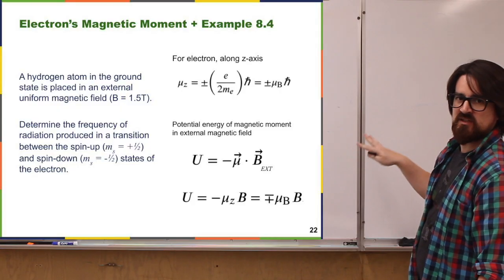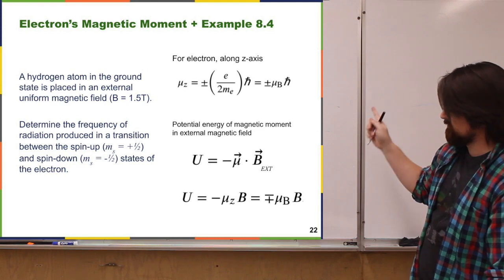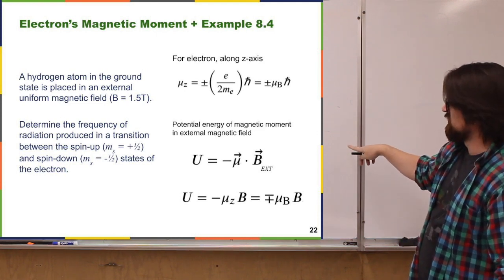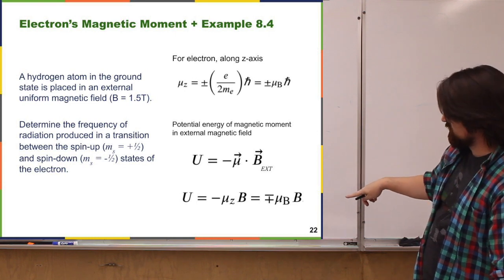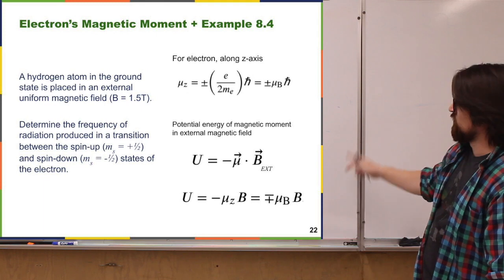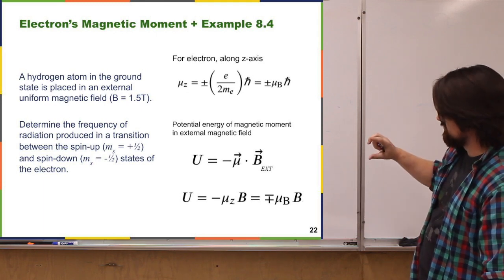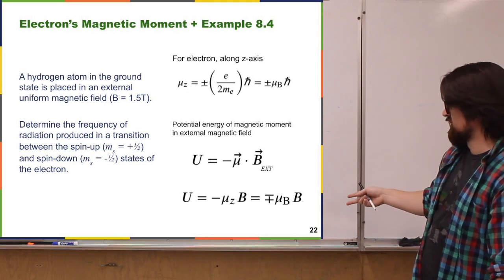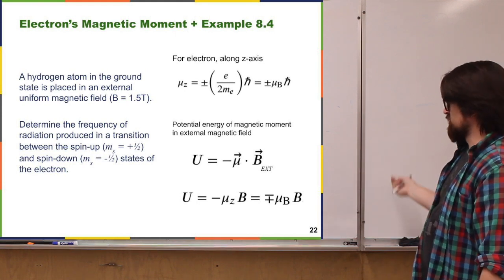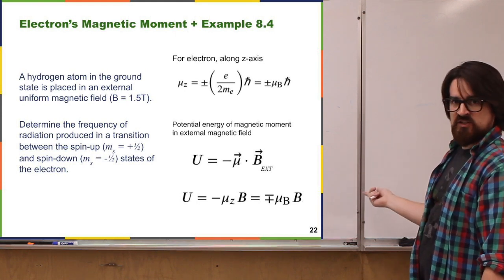Again, if we go back to the potential energy associated with a magnetic dipole in an external magnetic field, that's in general, for our particular dipole along this z-axis, this is what that potential energy looks like. And so it really just comes down to plus or minus that Bohr magneton multiplied by the magnitude of the external magnetic field.